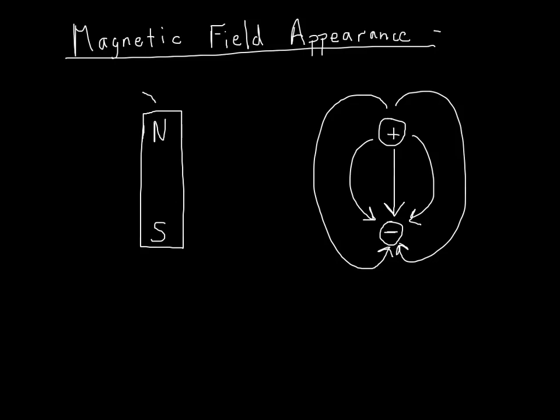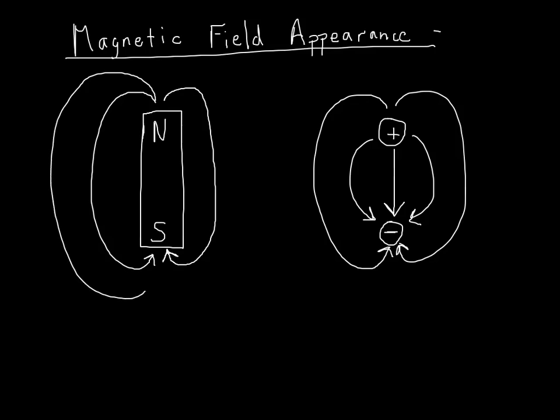So we have field lines that go from north into south. So it's a lot like the positive charge that has a field line that goes away from it. The north pole has a field line that goes away. And then the south pole acts like a negative charge and collects all the field lines. So your line goes away from the north pole and into the south pole.